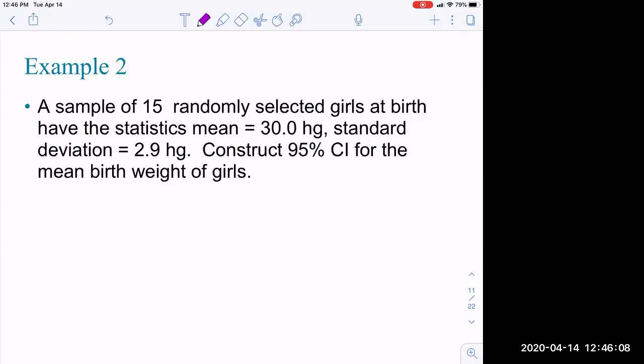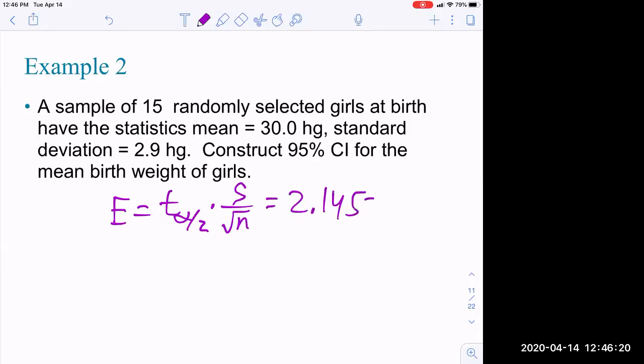We did it basically. We know the margin of error is T alpha over 2 times S over the square root of N. That's 2.145 times S, which is 2.9.